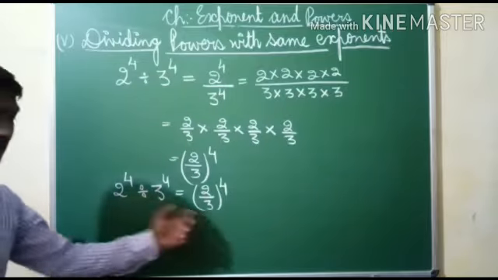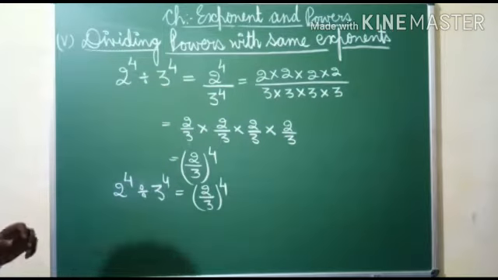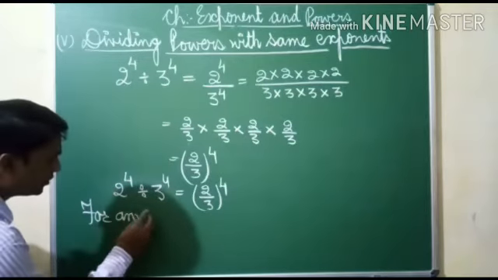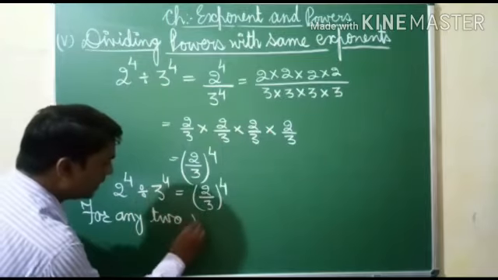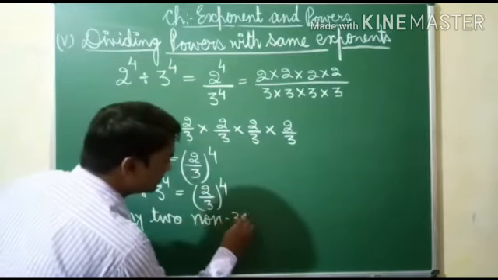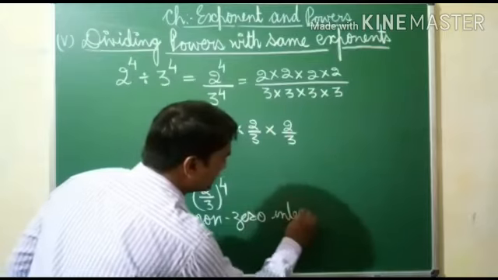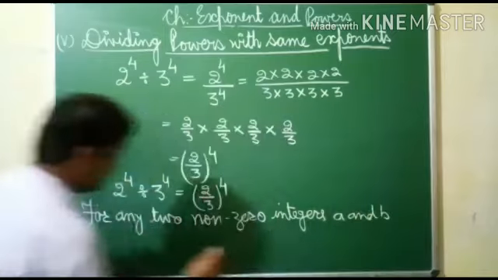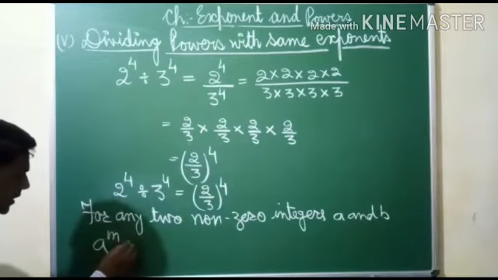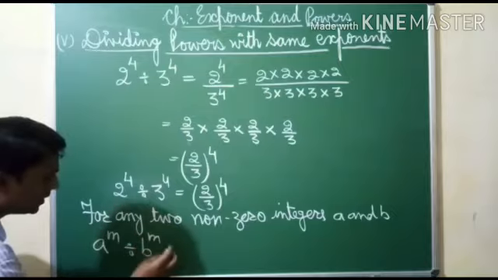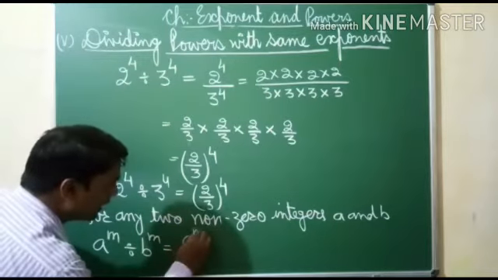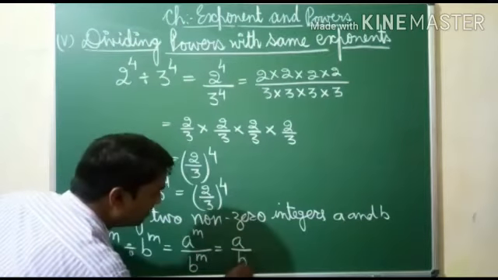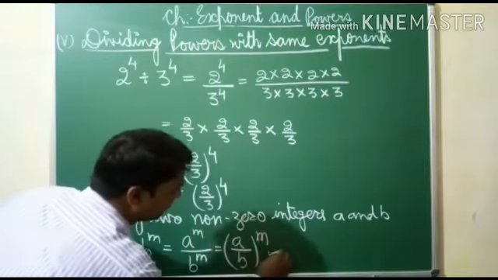Therefore from this example what have we generalized? We have generalized that for any two non-zero integers a and b, a raised to m divided by b raised to m is equal to a raised to m over b raised to m, which is further equal to a over b whole raised to m.